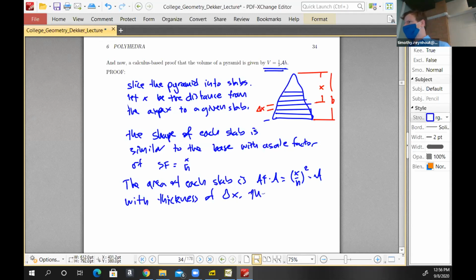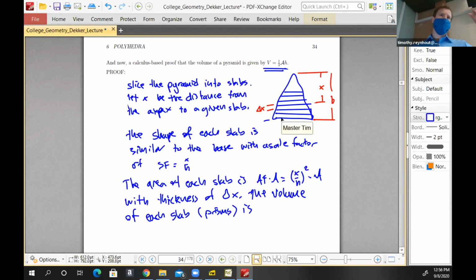So the volume of each slab, which are prisms, represents the change in volume, because as we add more, we're getting a change in volume.